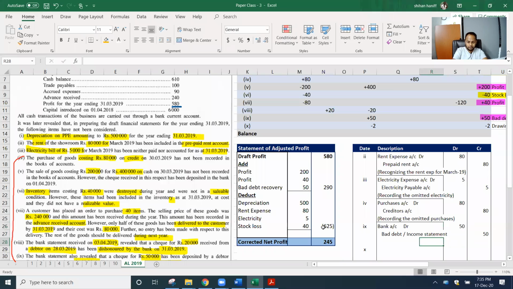Transaction number 9. You can say cash control account or bank account, that's fine. Bank account, cash control account.